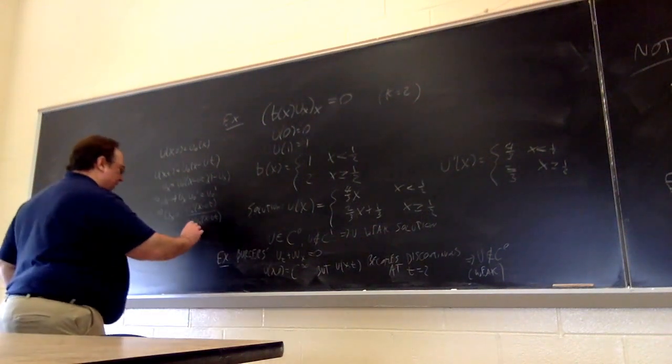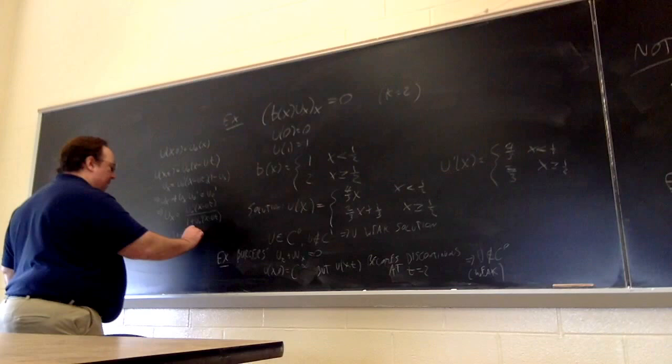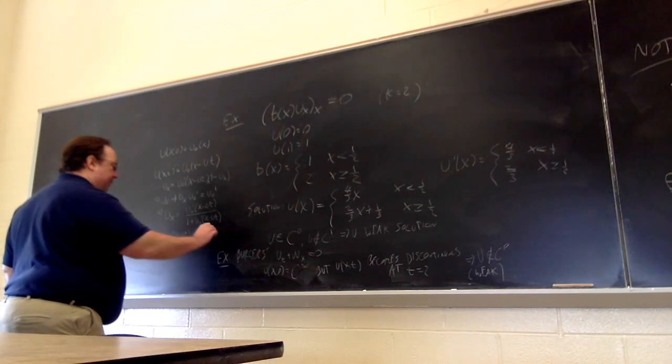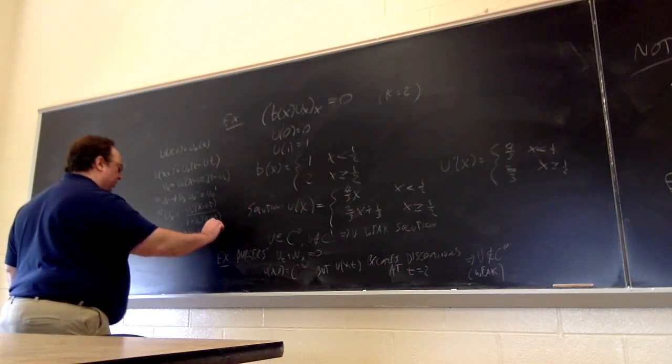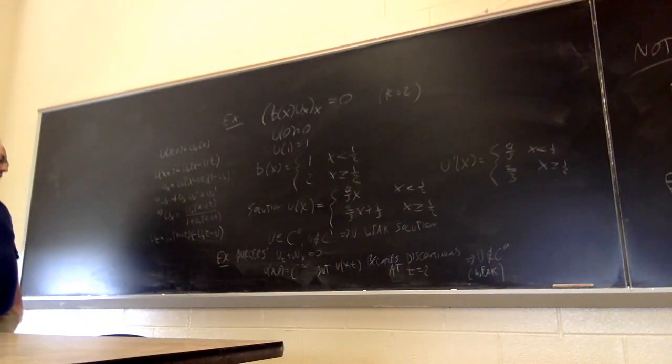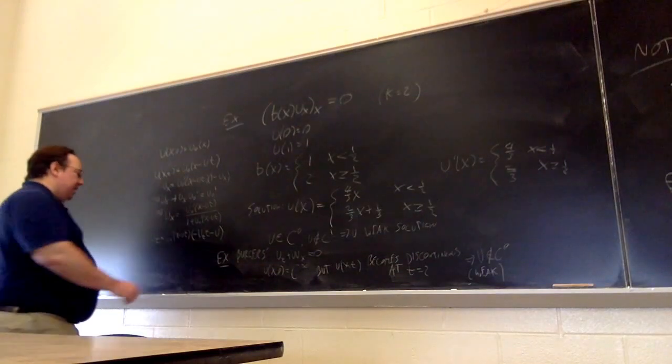But what I'm going to get is minus u_t times t minus plain old u. So then what I can do is solve for u_t.